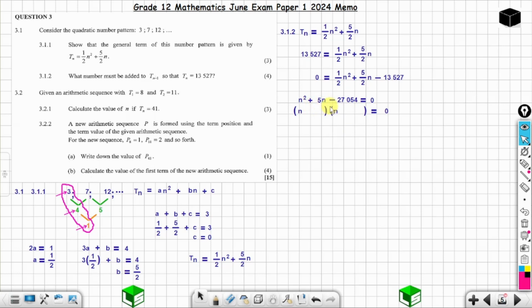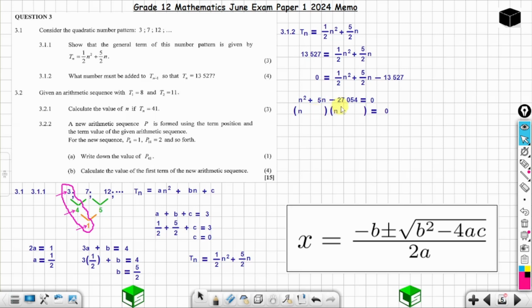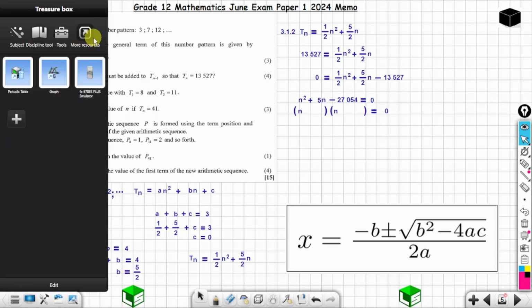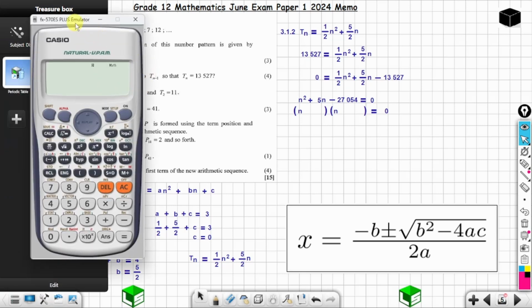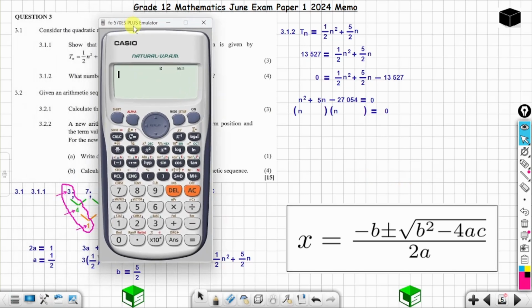You can use the quadratic formula to factorize. Do not stress, you can use the quadratic formula. Let me use my calculator with the quadratic formula. So you have to know the quadratic formula. The quadratic formula is given. You can find it on the information sheet.